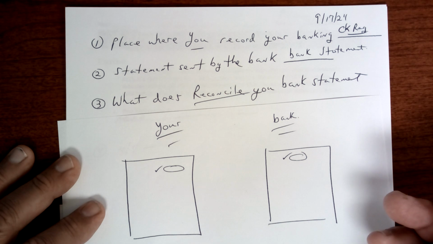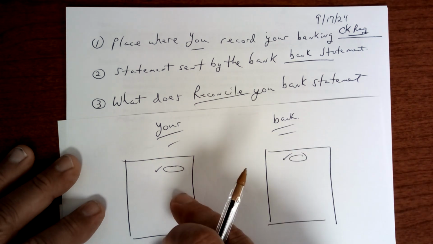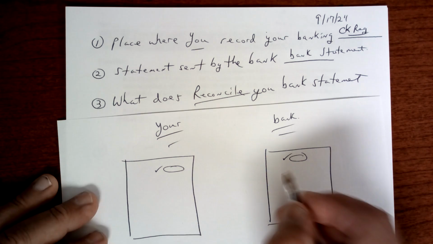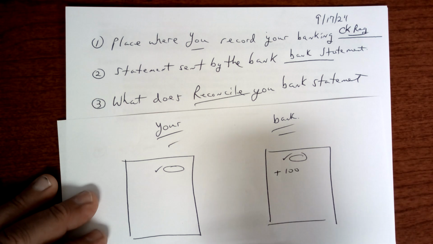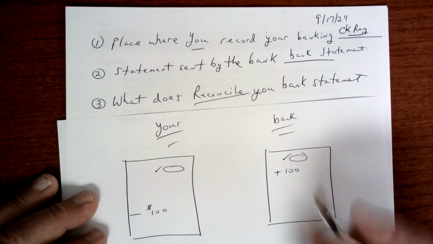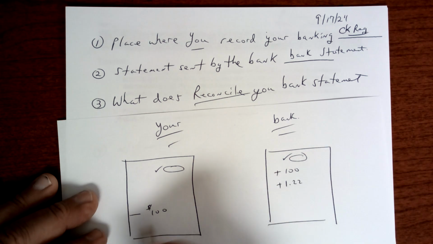Now, anything that isn't on yours is called outstanding. So if you have a deposit, you would add it on here. Maybe you forgot to write it down. If you have interest, you would add it on your account here.